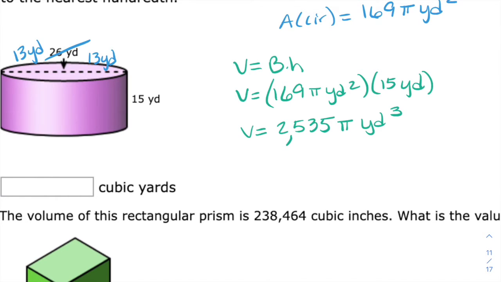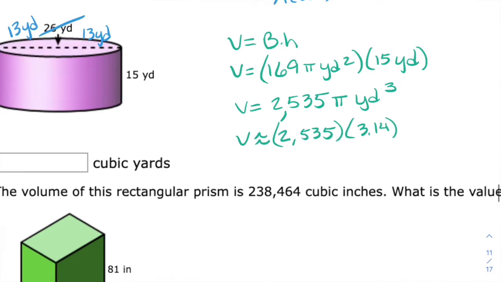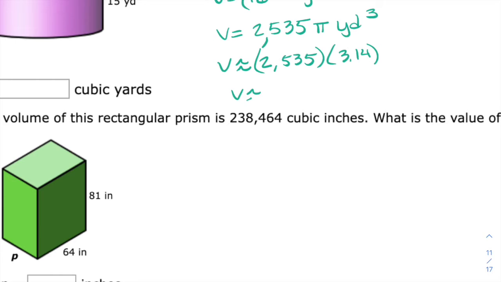And we want to use 3.14. And we're going to round to the nearest hundredth, but we might not even need to do that. Yeah, we will. I don't know if this number is large enough. I don't think it is, to get rid of decimals. Oh, the rounding happened for us. Yep, it's pretty good.